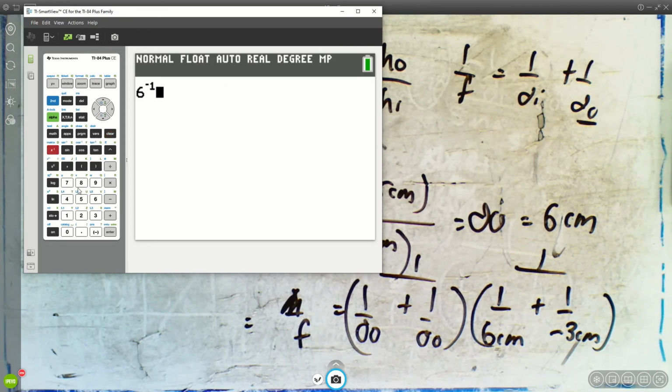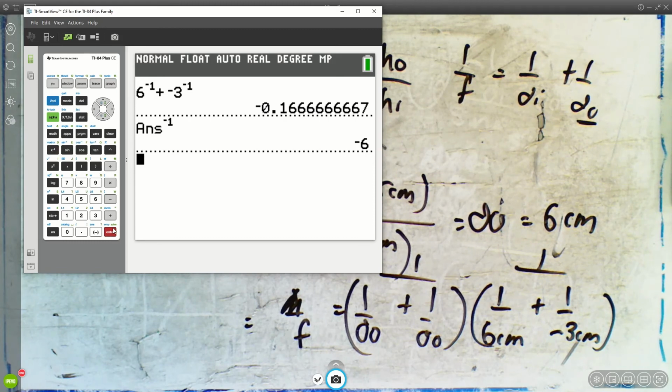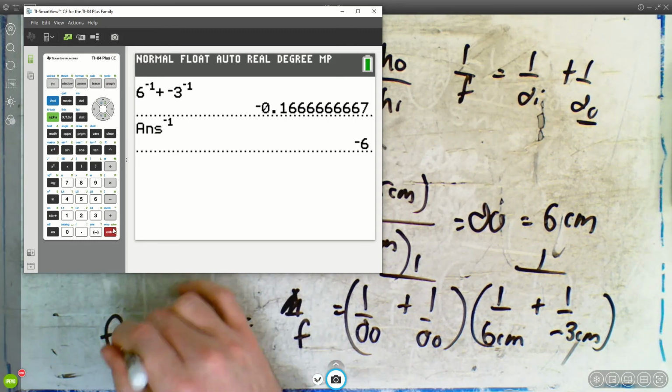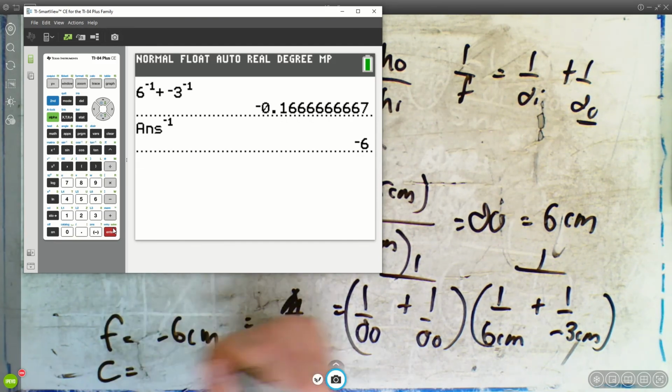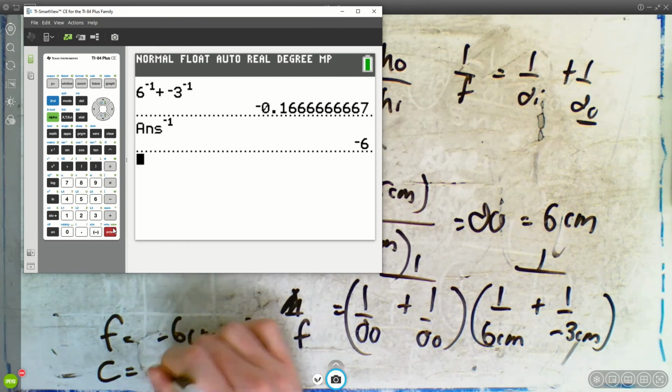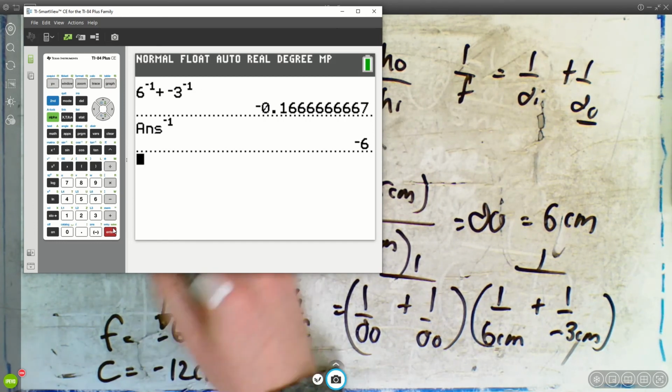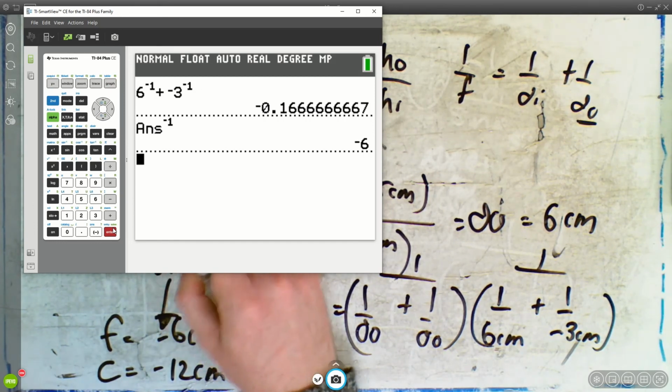So if we go 1 over 6 plus 1 over negative 3, and then we flip our answer, you end up getting that f equals negative 6 centimeters. So C is going to be 12 centimeters, right? And the negative tells us, oh, that's a diverging lens.